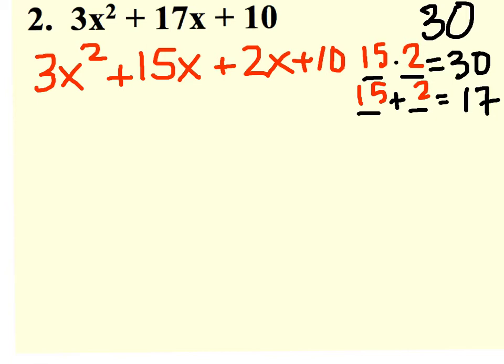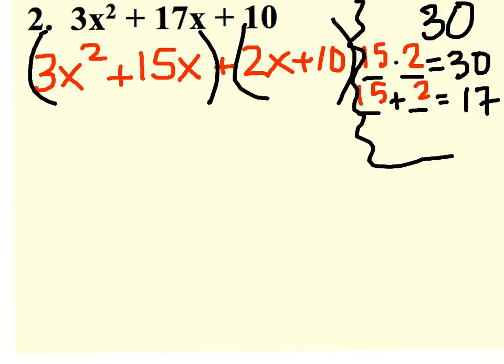All right, now I need to put parentheses around the first two terms and my second two terms. I'm just going to draw a squiggle here so we don't get all those numbers mixed up. Then I need to ask myself, do I have a greatest common factor here?